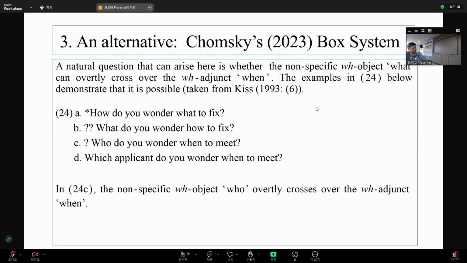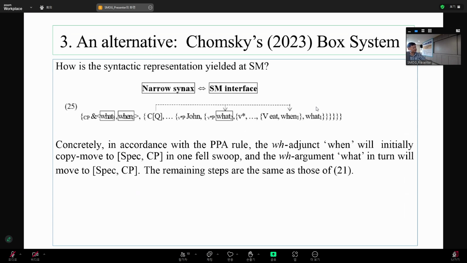Now, what will happen at PF? What we should take note of is that this is the argument object. This is not base related, but here, this is important. Later, this what crosses over this one, the relation agent.